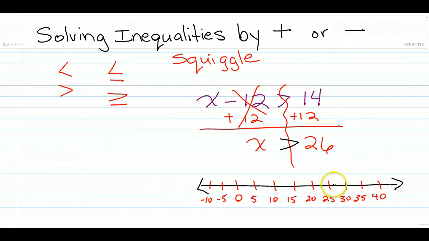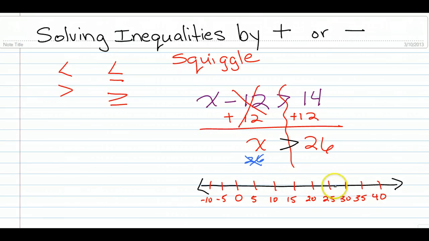Now we have to ask ourselves, is this going to be a solid circle? Is 26 invited to the party? Is his stomach going to be full with food? Or is it going to be an open circle because 26 is not included? A good way to figure it out is to put 26 here. Is 26 greater than 26? Wrong.